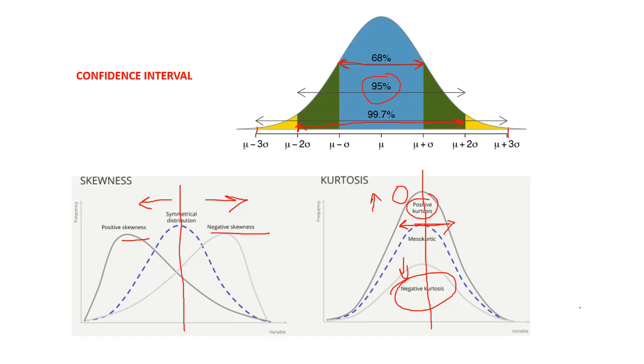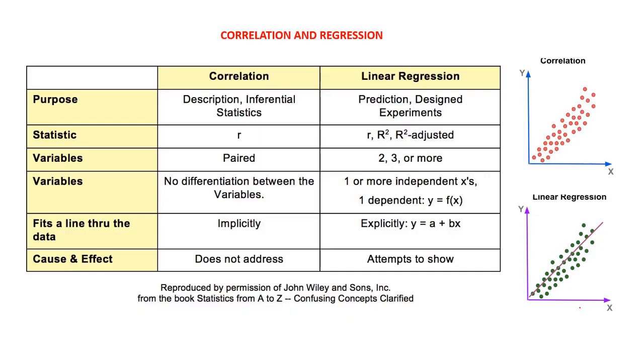Then we have correlation and regression. Correlation is basically used to check the relation between two variables. Suppose x is a variable and y is a variable, and we have data coming like this.